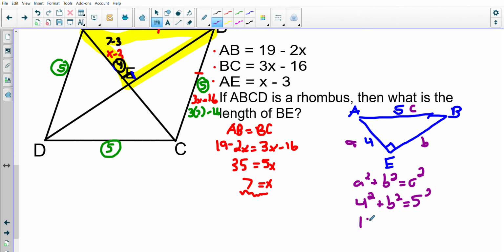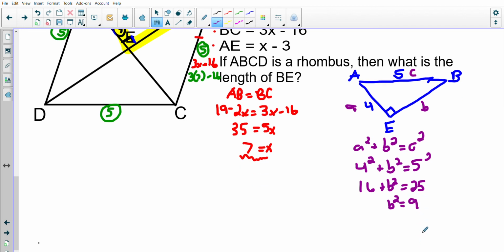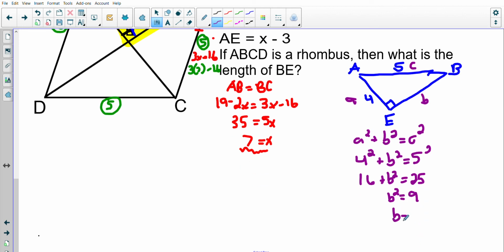We end up getting now 16 plus b squared equals 25. If I subtract 16 from both sides, I get that b squared equals 9. And if I take the square root of both sides, I find out that the unknown length there is 3.